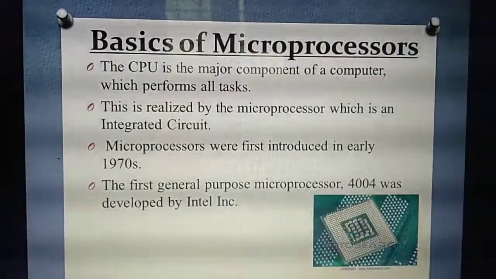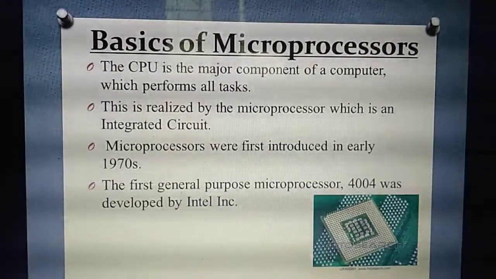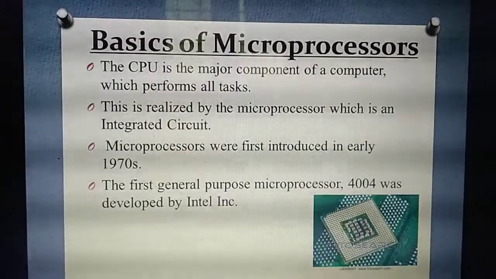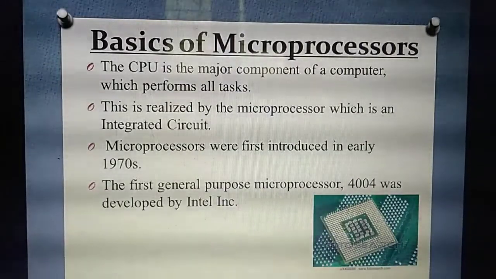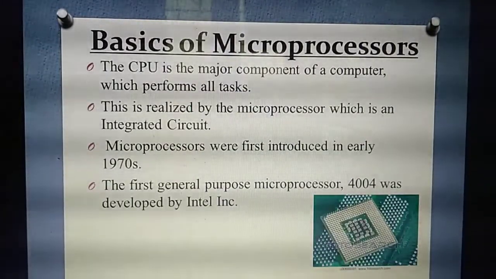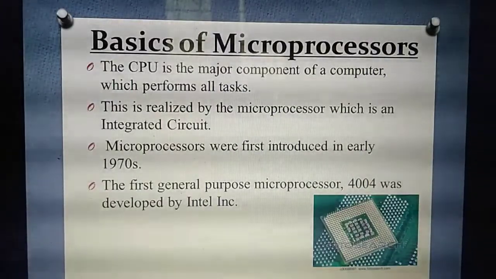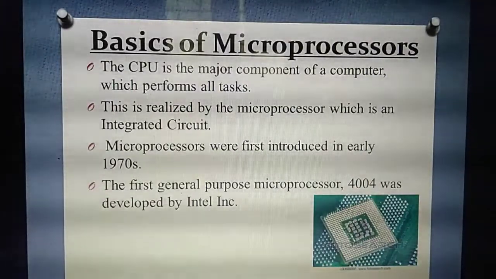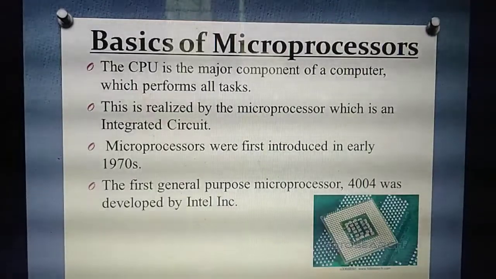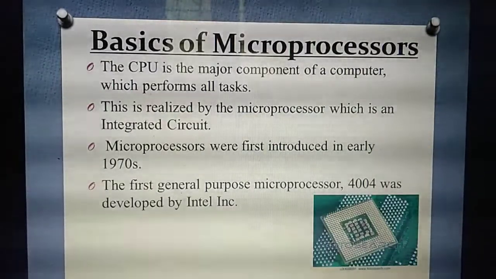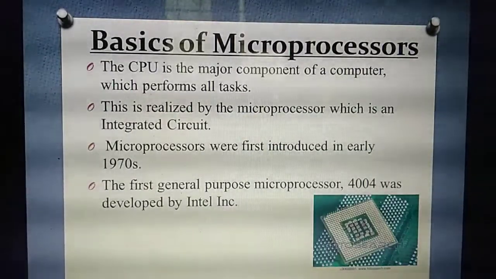Basics of the microprocessor. Which is the major component of a computer? Which is the major part of a man? Brain and heart, isn't it? Likewise, simply we can tell the CPU is the heart of the computer.